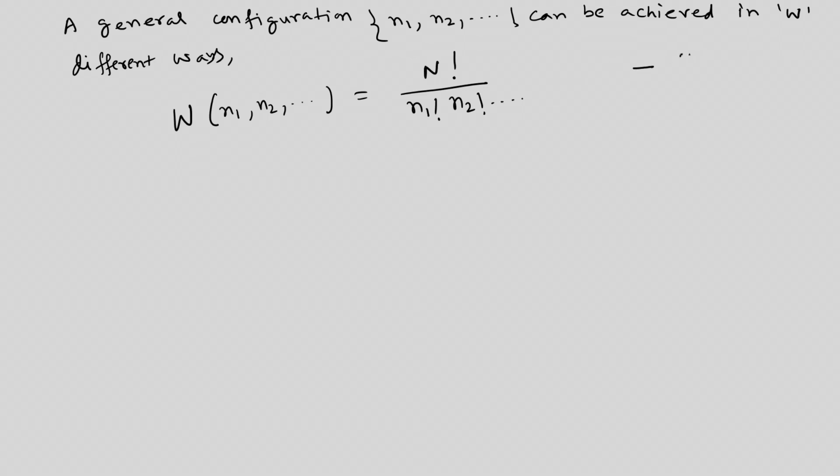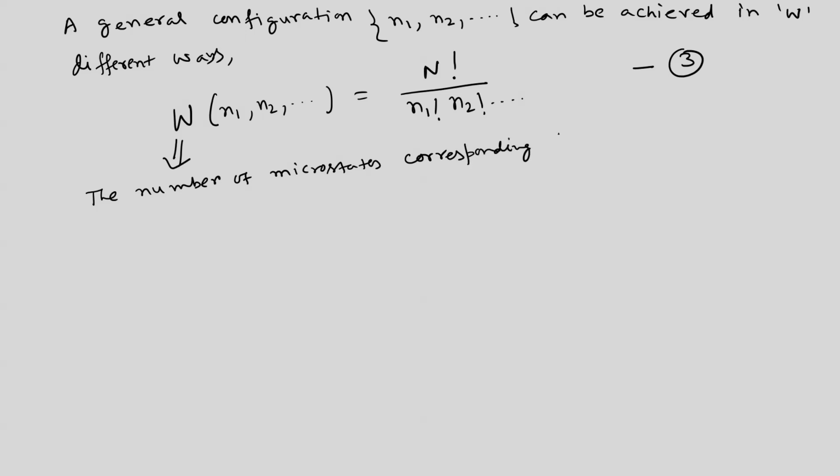So, suppose this is our equation 3, where W is the number of microstates corresponding to the given distribution.